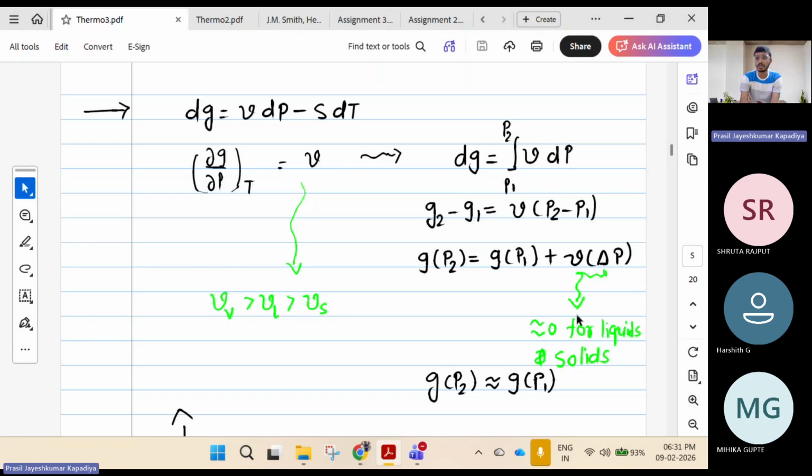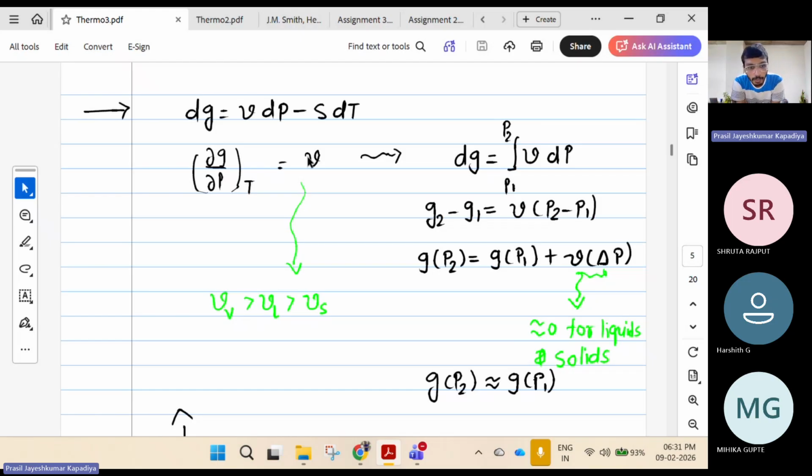For solids, there is no change of volume with pressure. So if I am changing pressure, these terms are not going to give any significant contribution for solids and liquids. So for solids and liquids, Gibbs free energy is generally not a function of pressure. We have already seen that del G del P at constant temperature is volume. My volume of vapor is highest. Vapor is expanded, so vapor has highest volume compared to liquid, compared to solid.